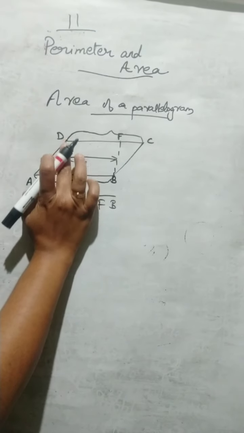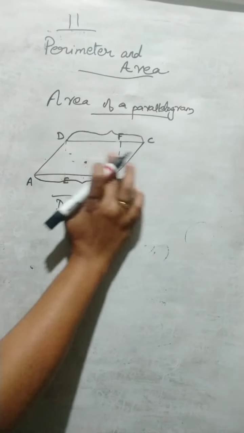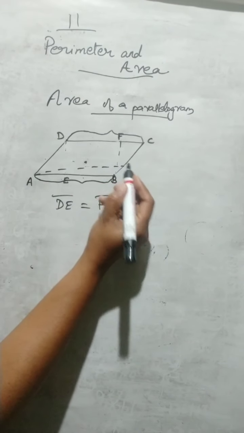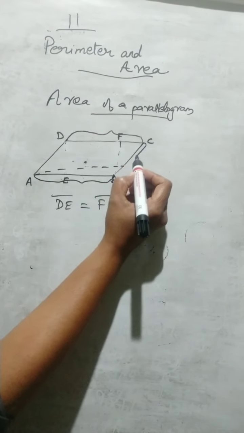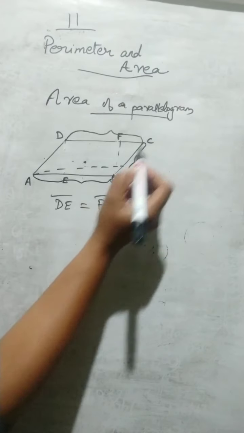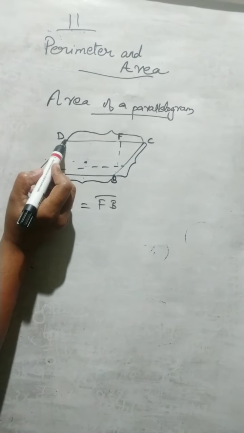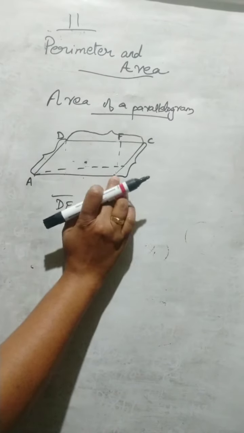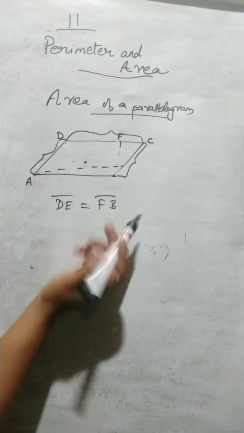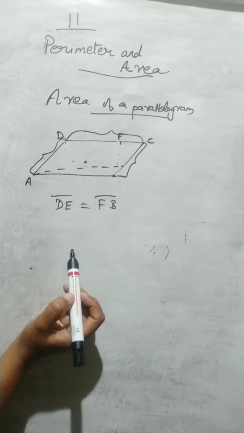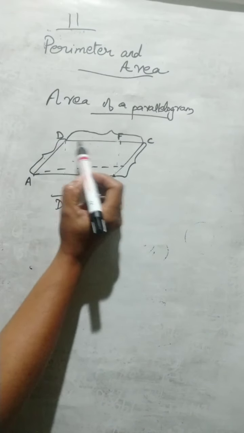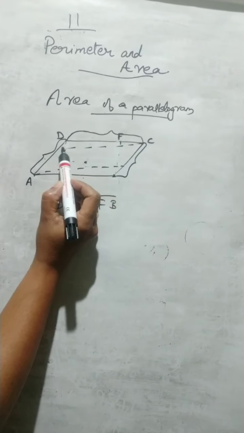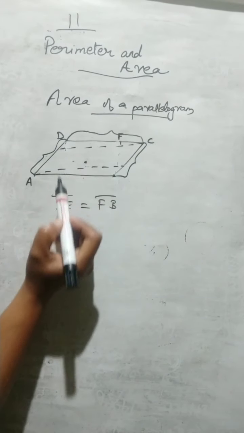Okay. Then sometimes we can take this one as the height. Then at the time we can take BC as the base or AD as the base. Okay. Sometimes we can take this CD as height. Here from to here.